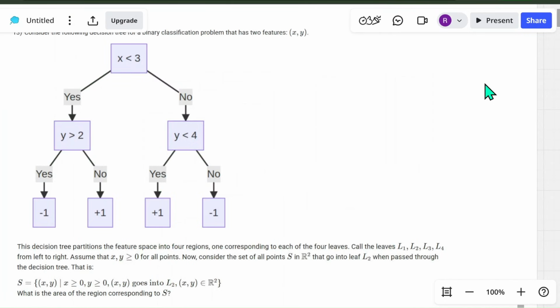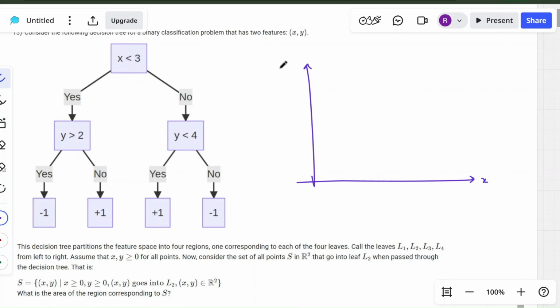Alright, so here we have another question which is on decision trees. For this question, I'll simply draw a diagram. Let's say this is my x-axis, this is my y-axis. What is the first question? X less than 3. So let us say this is 3, then I will draw a line here.